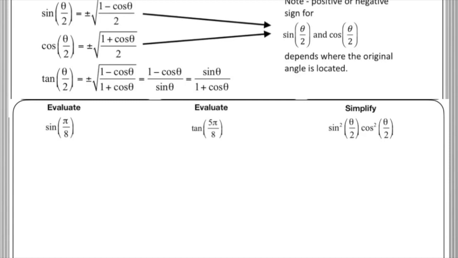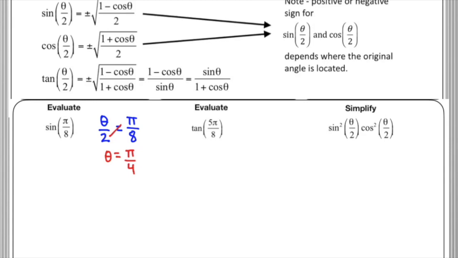Say I want to rewrite this as some angle divided by 2. If I set this equal to pi over 8, and then I solve, I put the 2 over here, and I end up with theta equals pi over 4. Okay, so that's pretty interesting.